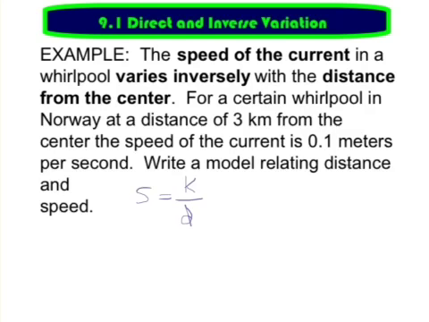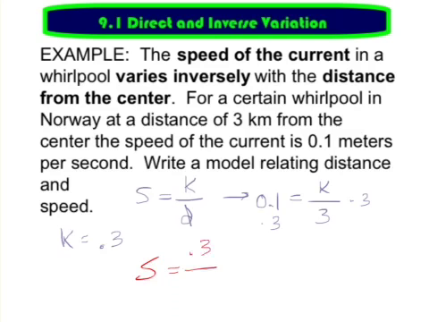And for a certain whirlpool in Norway, at a distance of 3 kilometers from the center, so I'm going to start plugging things in, the speed is 0.1 meters per second. So now I'm going to write my model. I'm going to solve for K, multiply by 3 on both sides, and I'll get K equals 0.3. And from there, I'm going to write my model. S equals 0.3 over D.